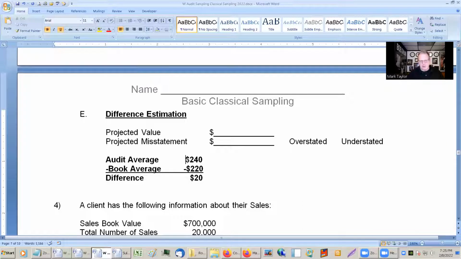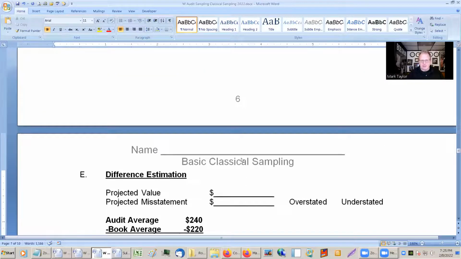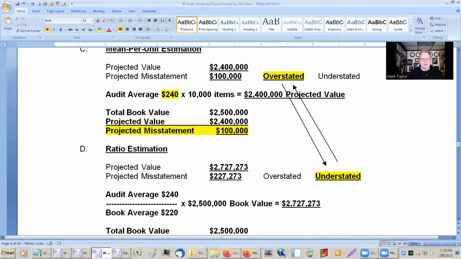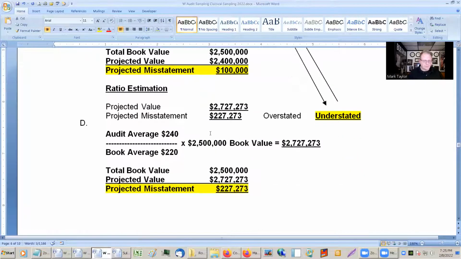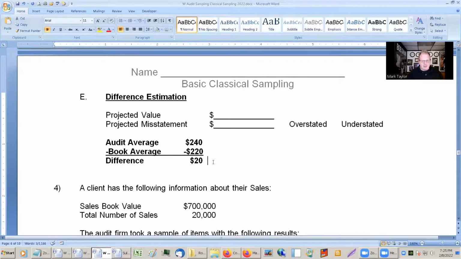We're saying that it's $240 for each one. They have an average of $220. So we're saying, look, on average, these are misstated by $20. So for every item, kind of like this one here, it's going to have a misstatement of $20.